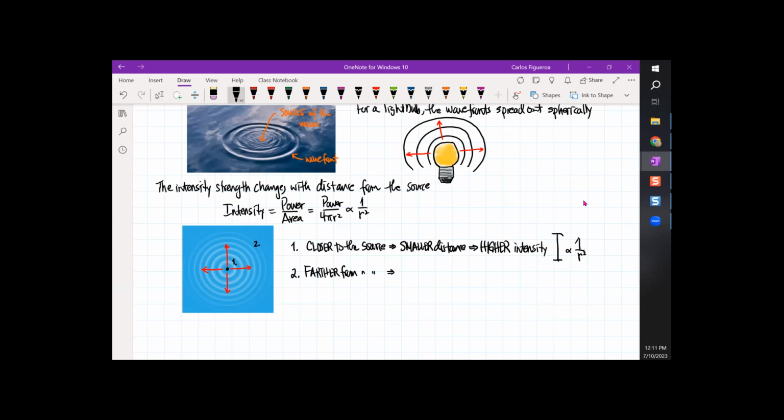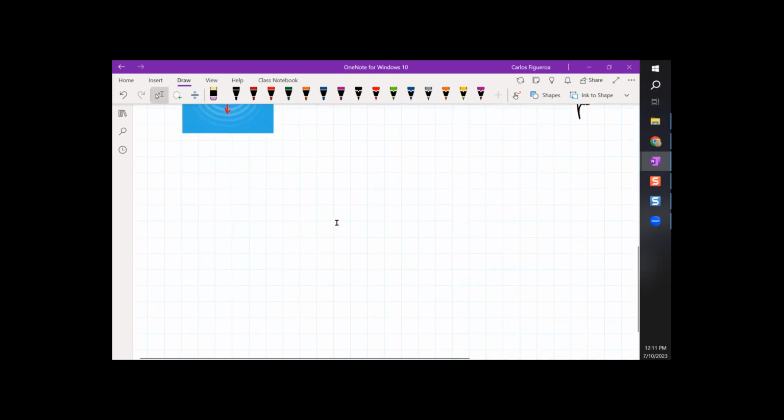So therefore, this has a larger distance, and therefore it has a lower intensity. So if I look at its distance dependence, that's going to be large, so therefore the intensity has to be lower.